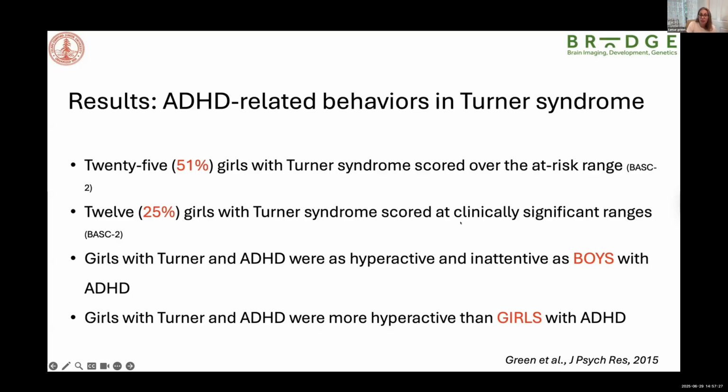Girls with Turner syndrome and ADHD were as hyperactive and inattentive as boys, while the girls with Turner syndrome and ADHD were more hyperactive than girls with this condition. So overall, we see that there's a much higher risk for ADHD in this population. And we do know from the literature that neurodevelopmental issues without Turner syndrome put individuals at risk for depression and anxiety.